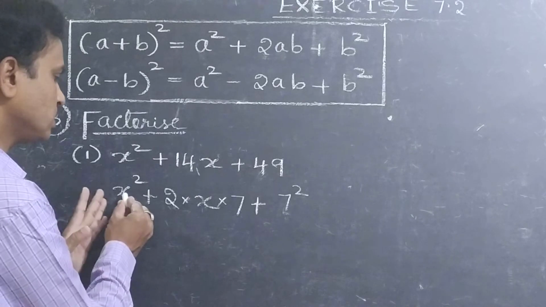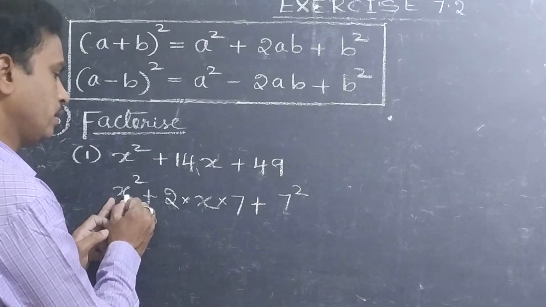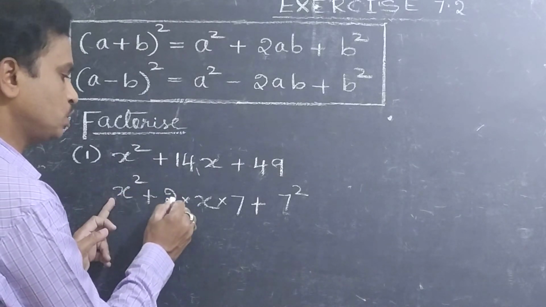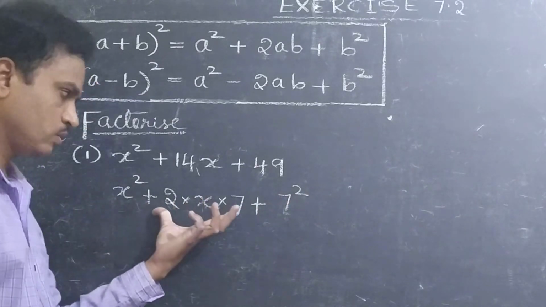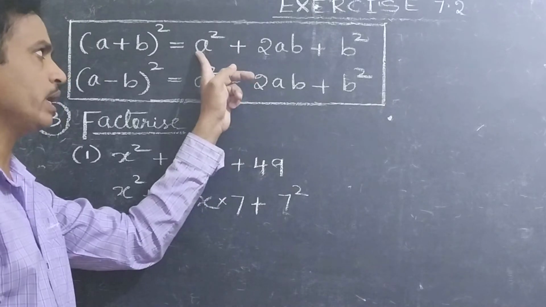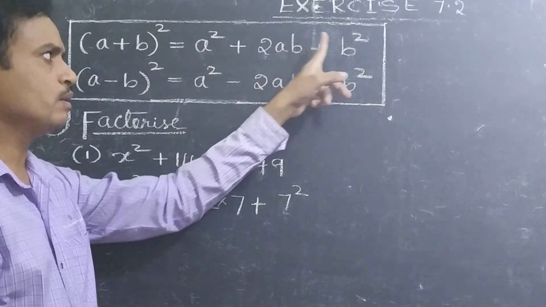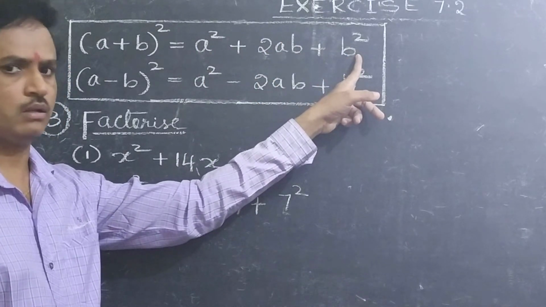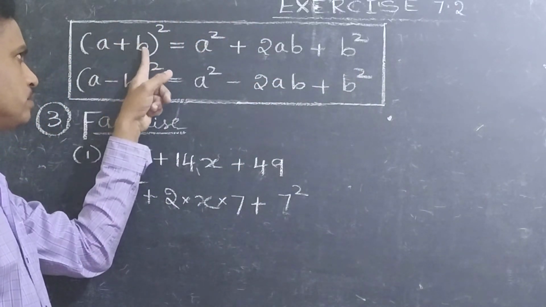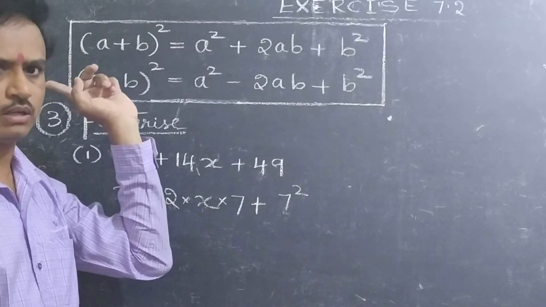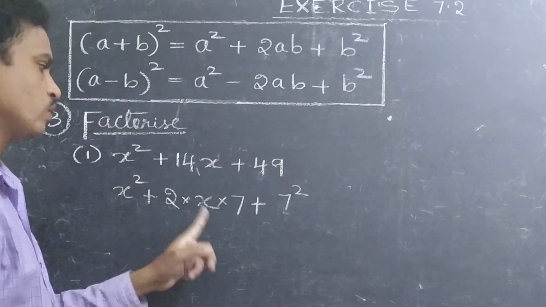Now this is in the form a square plus 2ab plus b square. Now what is the opposite here? a plus b the whole square.